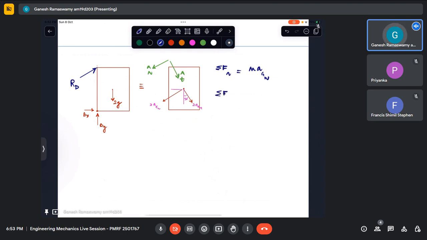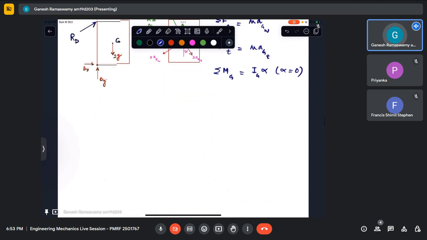Similarly, summation of forces along the tangential is nothing but M a_G along T. Summation of moments about G, call this G, is I_G alpha, but this is having 0 alpha because this is not having any rotation. So essentially summation of moment about G will give me 0.